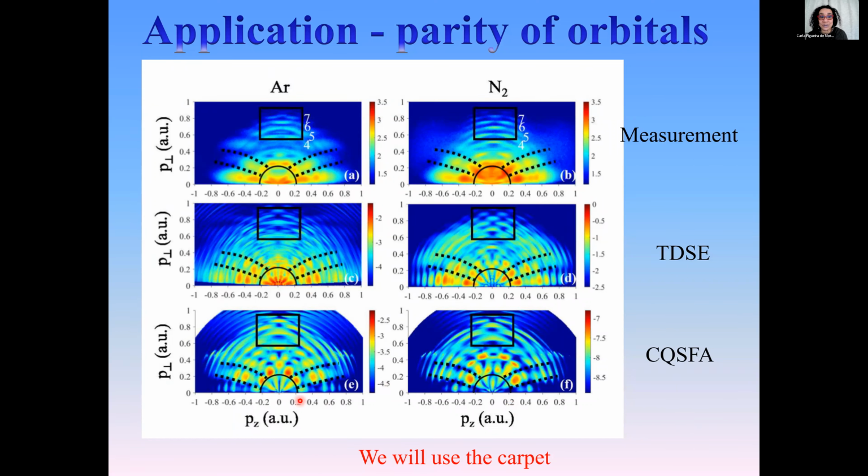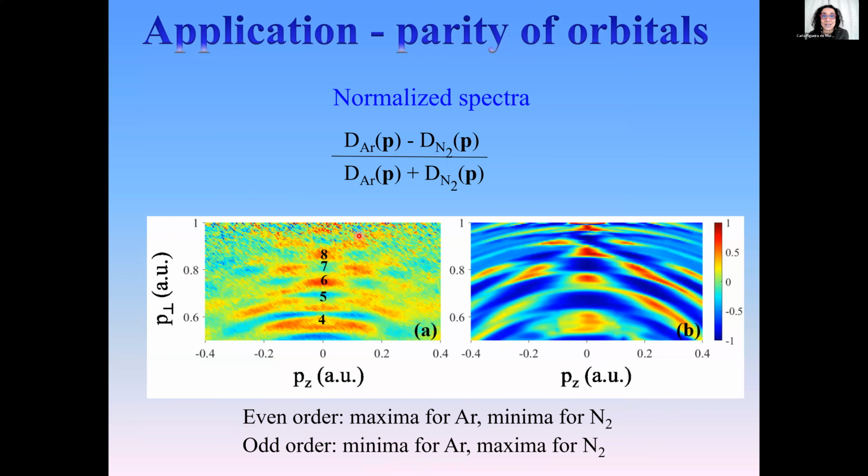And if you are close to here, to the fan, although you know from what interference they come, you still may have, depending on whether you have a multi-electron system, multi-electron effects that you may need to take into consideration. So yeah, we normalized the spectra, we added, we subtracted them, and we normalized this difference, and we could see actually that the carpet was swapped.